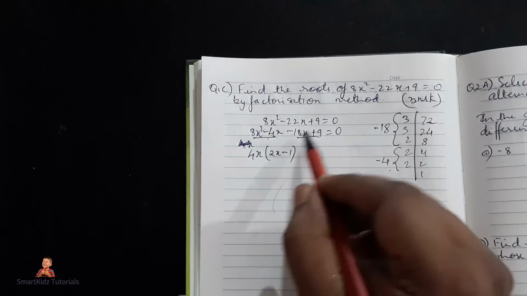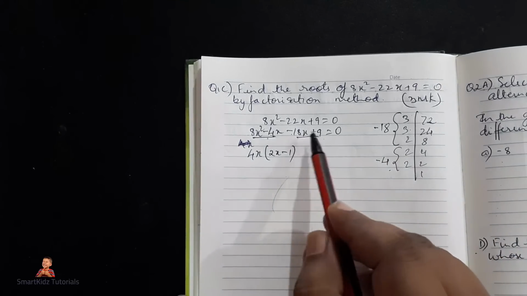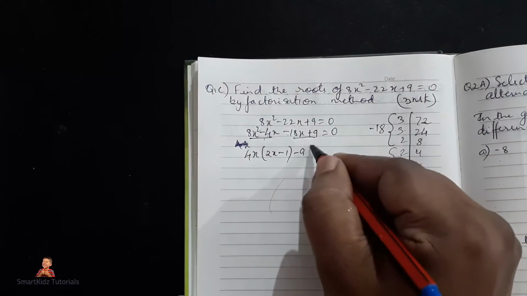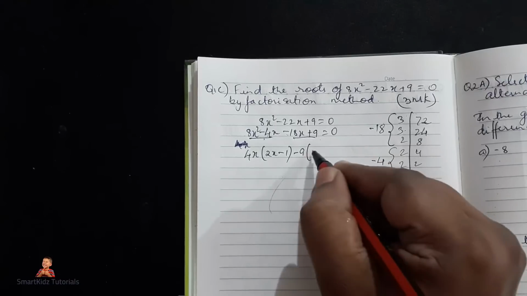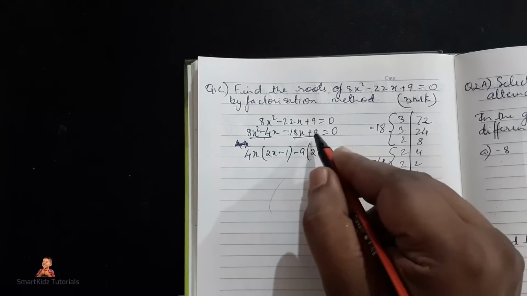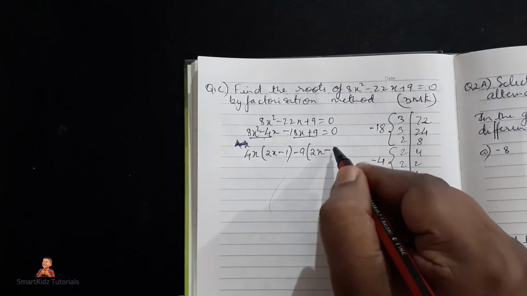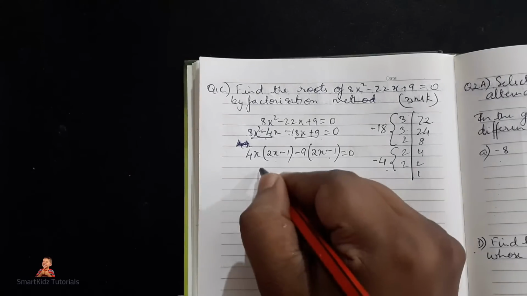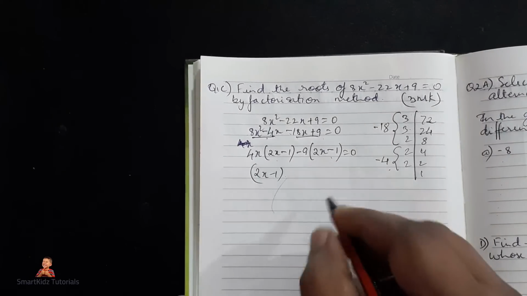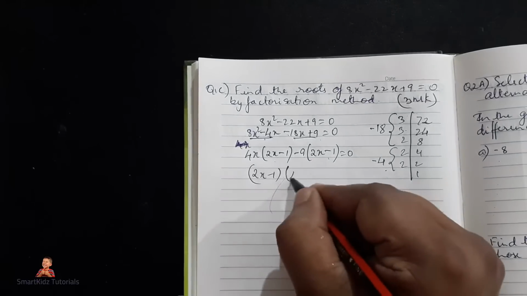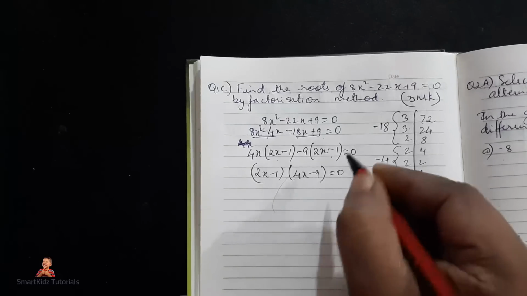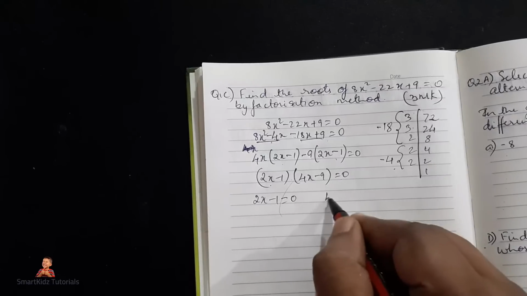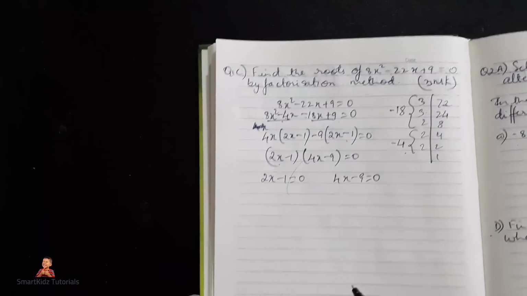Here there is only 9 common between the two, and I'm going to take the minus sign also common, so minus 9. If we take 9 out of here, we'll be left with 2x, and because we've taken the minus sign common, this will become minus in between 1 equal to 0. What is common? 2x minus 1. So we take 2x minus 1 common, and what is left is 4x minus 9 equal to 0. Then we take each individually equal to 0. So 2x minus 1 equal to 0, and 4x minus 9 equal to 0.